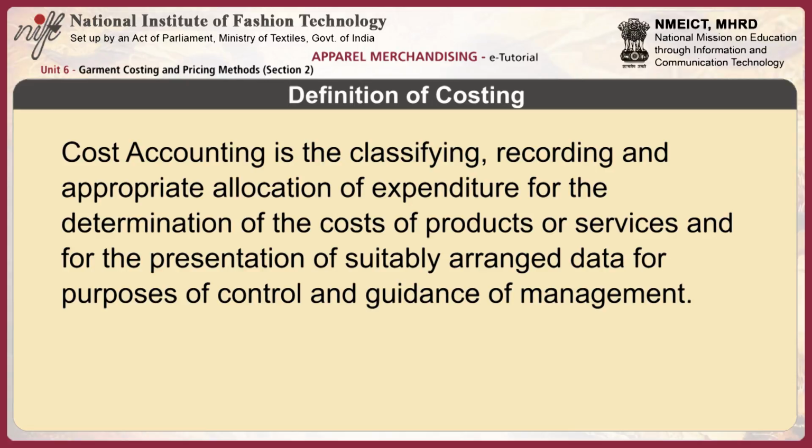Thus cost accounting is the classifying, recording and appropriate allocation of expenditure for the determination of costs of products and services, and for the presentation of suitably arranged data for the purposes of control and guidance of the management.